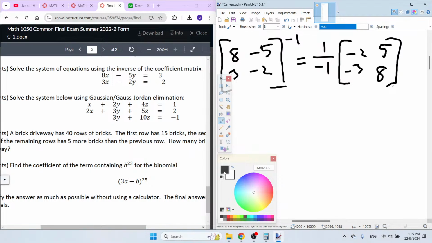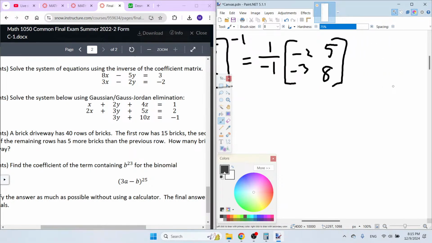And 1 over -1 is -1, and multiplying -1 into this matrix gives us 2, -5, 3, -8. There's our inverse matrix with the multiplication performed.